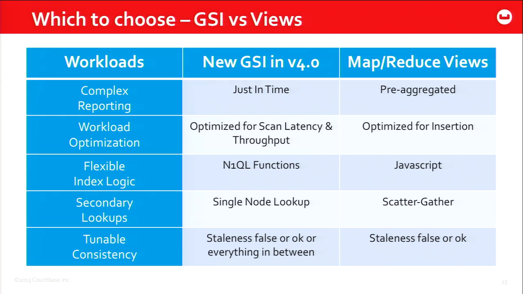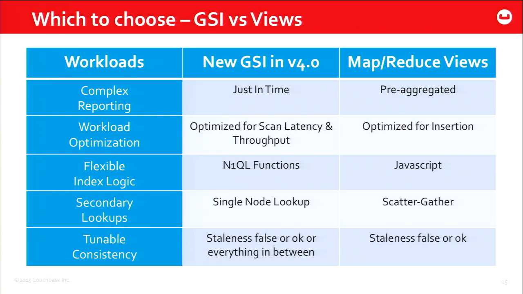Versus when it comes to workloads where you actually care about the index lookup scan throughput or index scan latency, or if you're looking for a secondary lookup case where you're really just looking for another attribute, let's say email, that you want to look up by instead of the customer ID that you use for your keys, in these cases GSI actually works extremely well.